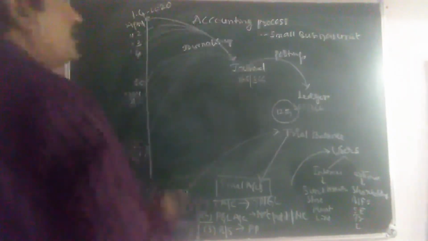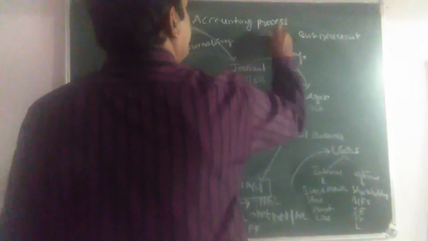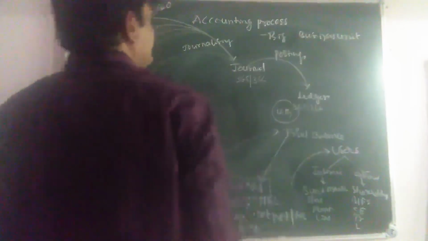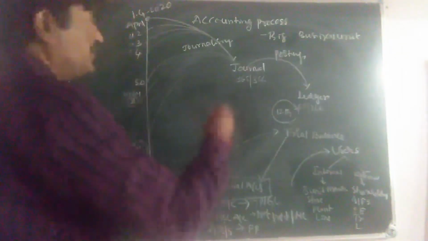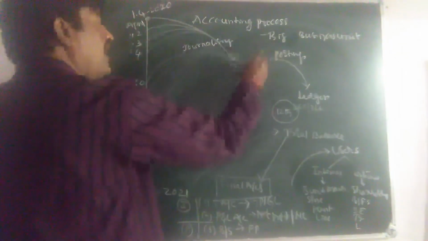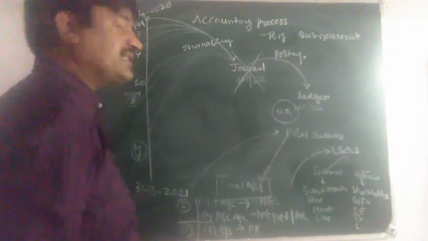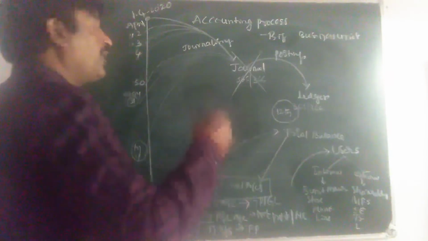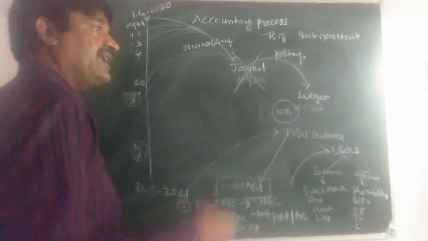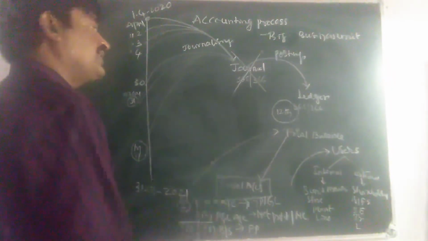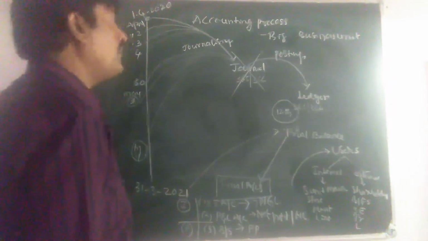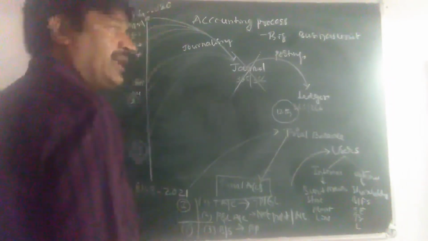Now in case of a big business unit, it is not possible for us to maintain a journal. Journal is a time consuming process. In journal we have to write the date, entry, narration, ledger folio, that is the page number of ledger, debit amount, and credit amount.